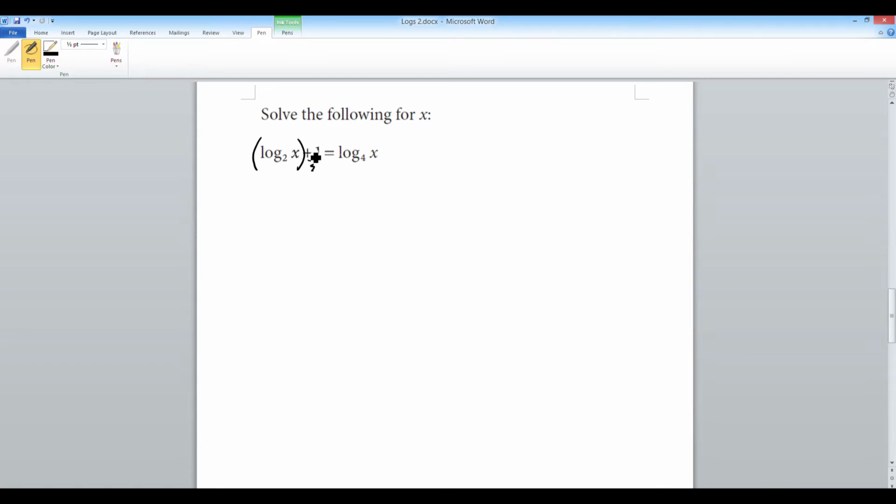So this 1 can be rewritten as the following. I know that log base 2 of 2 is equal to 1. So I can replace 1 with log base 2 of 2 because log with the same base is going to be always 1. Therefore I can rewrite this as log base 2 of x plus log base 2 of 2 is equal to log base 4 of x.